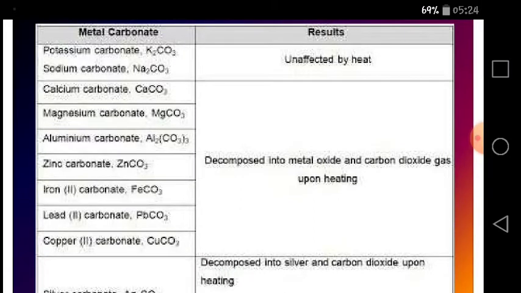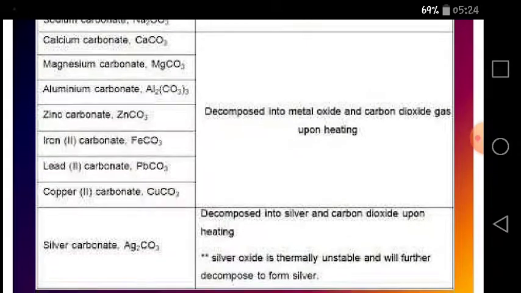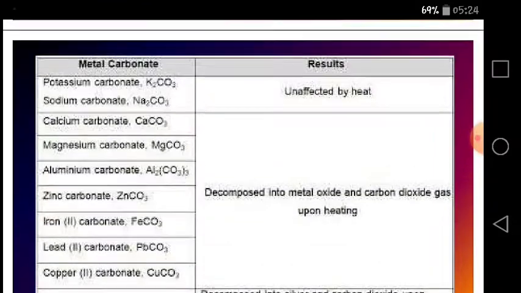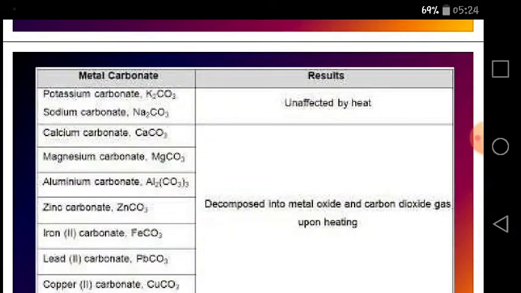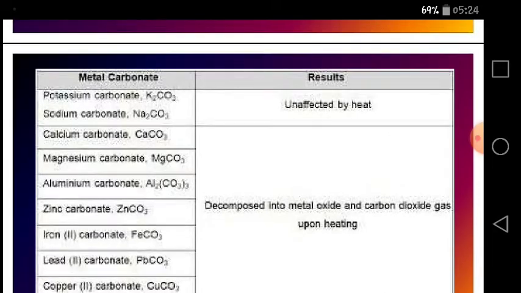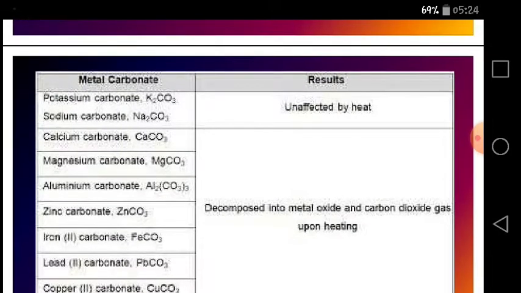We have to place potassium at the top, then sodium, then calcium, magnesium, aluminium, zinc, iron, lead, copper, and then silver. So this is the reactivity series on the basis of the thermal decomposition of the metal carbonates.